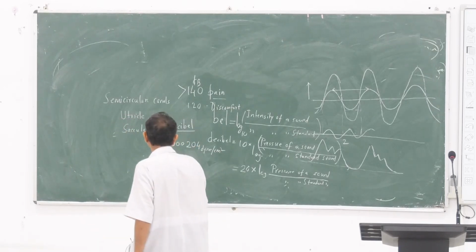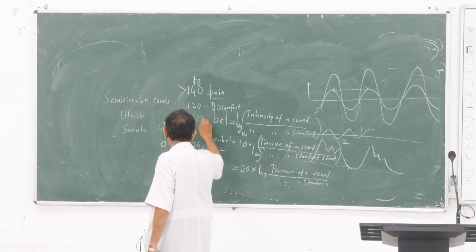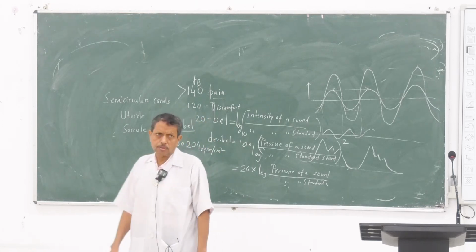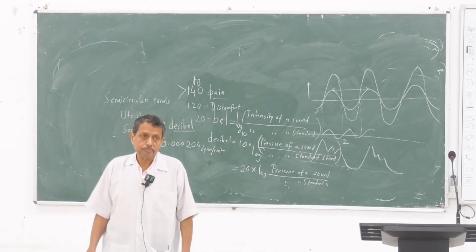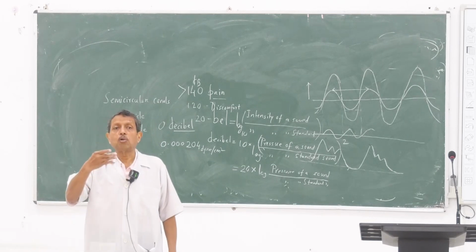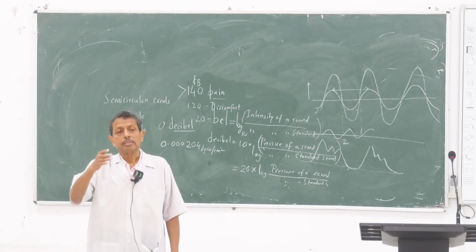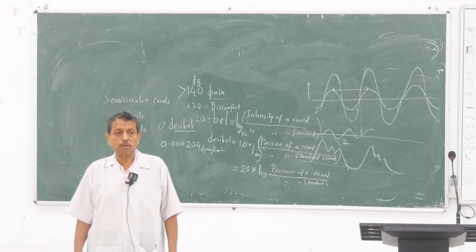Normal whispering is 20 decibel, and conversation is 60 decibel. That is, I am producing sound of 50 to 60 decibel.